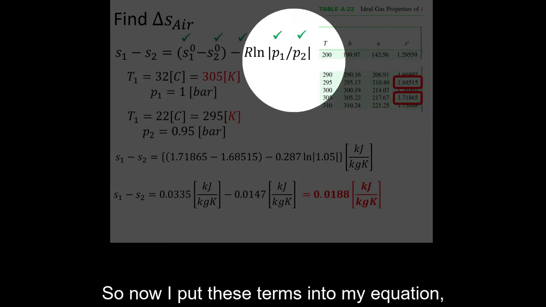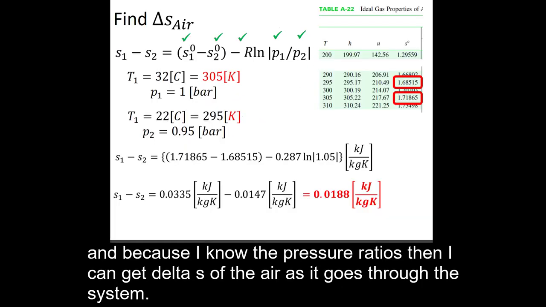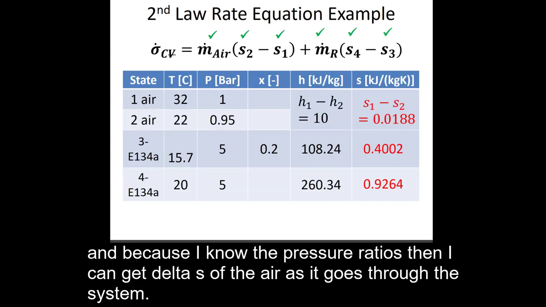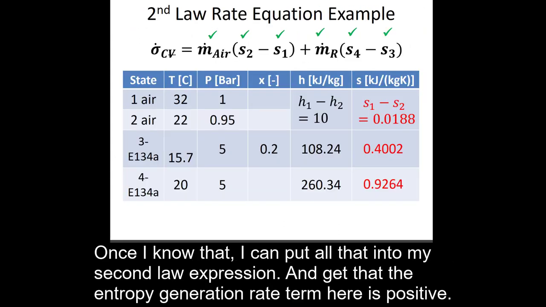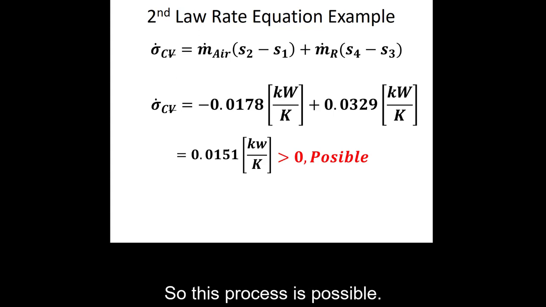So now I put these terms into my equation, and because I know the pressure ratios, then I can get delta s of the air as it goes through the system. Once I know that, I can put all of that into my second law expression and get that the entropy generation rate term here is positive. So this process is possible.